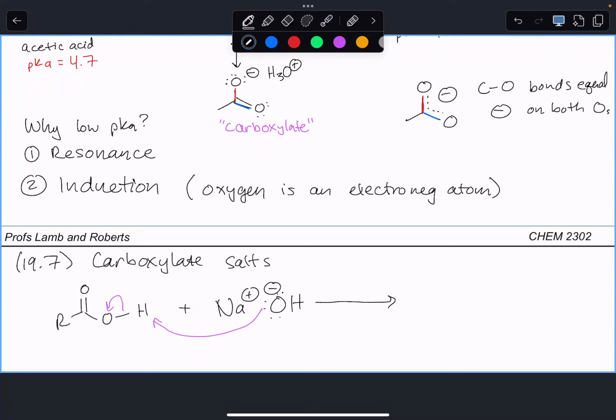Again, this is technically an equilibrium because it's acid-base chemistry, but our Keq is so large, it's like 10 to the 11. So it's essentially irreversible, and we are essentially 100% making this carboxylate salt and water. In this case, I showed sodium hydroxide, so we would be making sodium carboxylate.